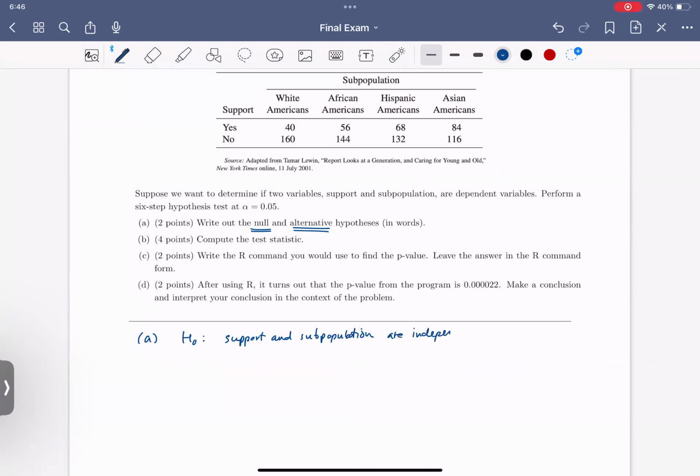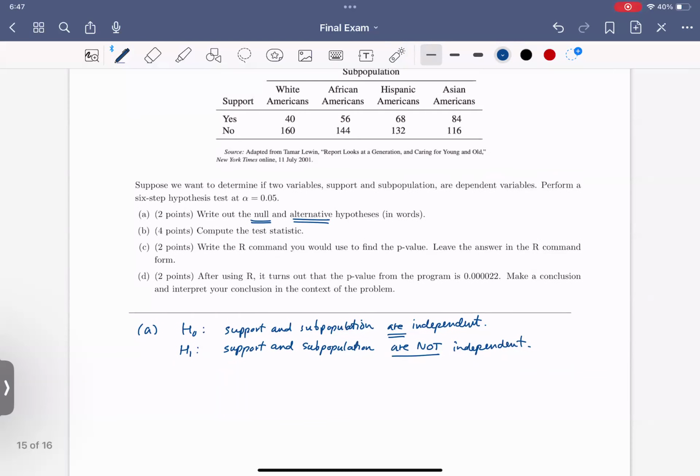On the alternative hypothesis, it's going to be support and subpopulation are not independent. Or you can say are dependent, the same thing. So subpopulation and support are dependent as well. That's part A. Next, part B, compute the test statistic.